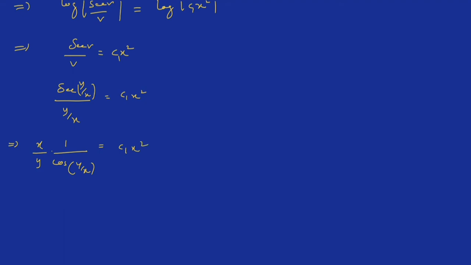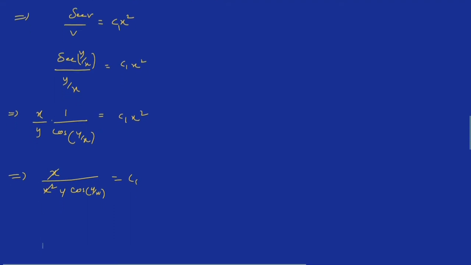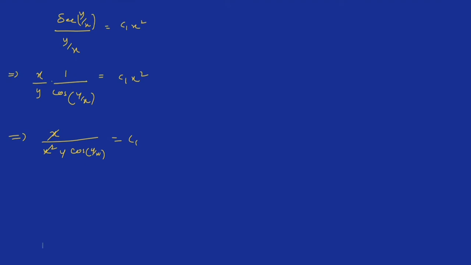So now we can write it by taking x square to the LHS. It becomes x upon, already y is there, so x square y cos y by x, which is equal to c1, right? So here x gets cancelled, and the remaining is 1 upon xy cos of y by x, which is equal to c1.